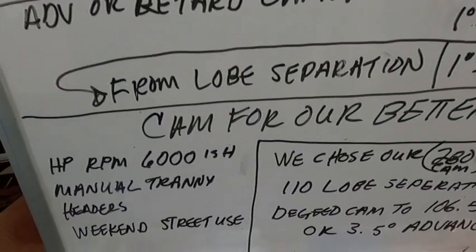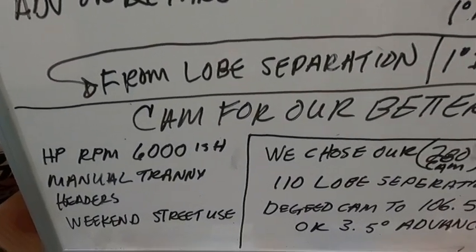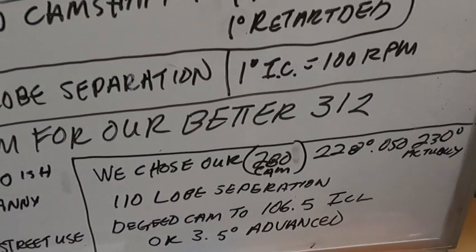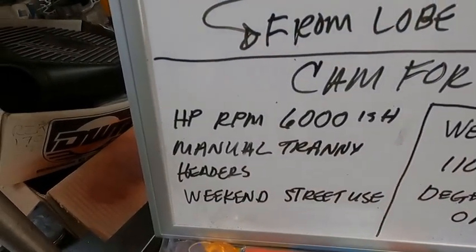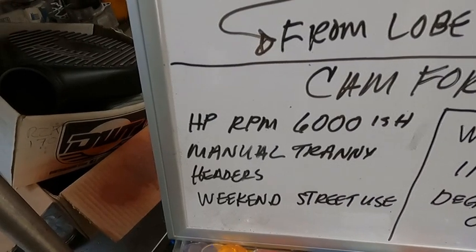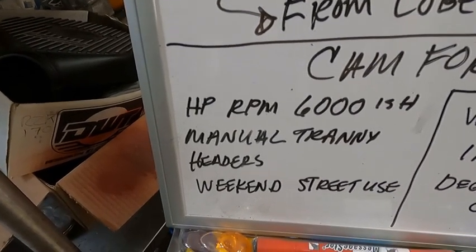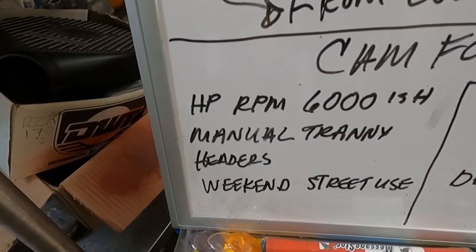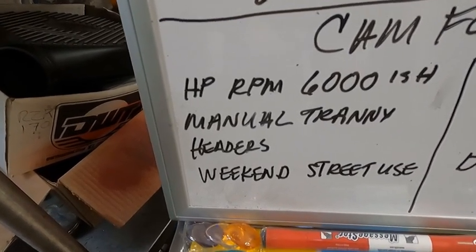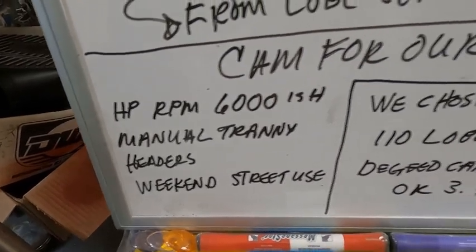So if we go down to the bottom here, we'll look at the cam for our Better 312. These were some of our guidelines here. We wanted our horsepower to be about 6,000 max. It's going to have a manual transmission, a T5. It's going to have headers, weekend street use.